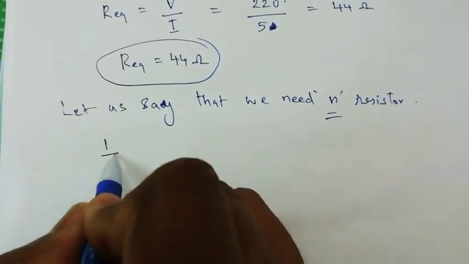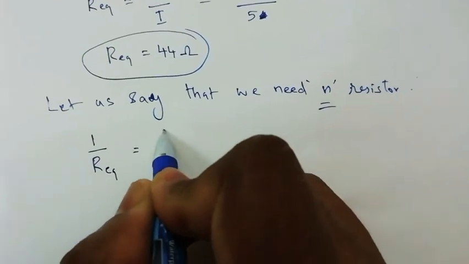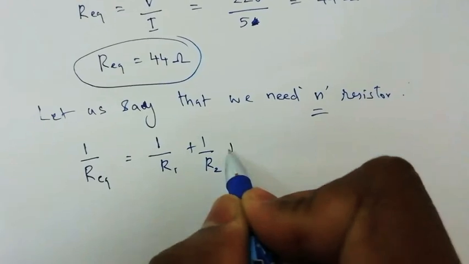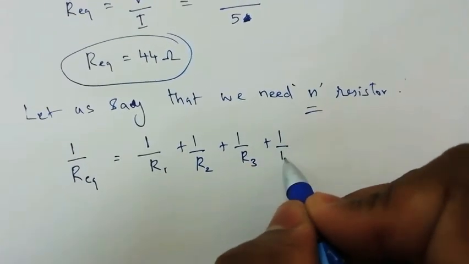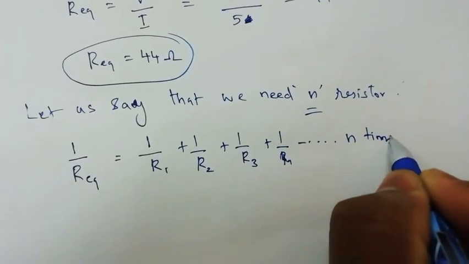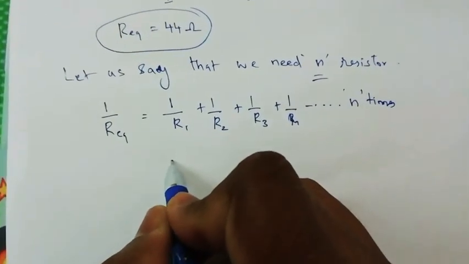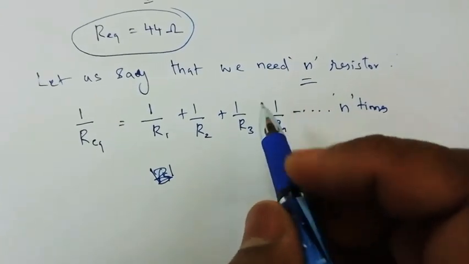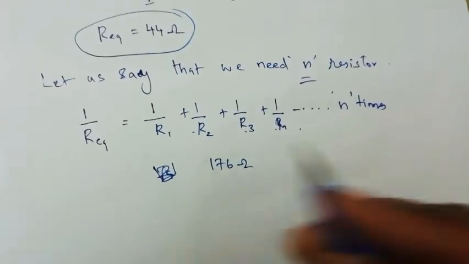So we can use this formula, 1 by R equivalent, because they are all to be connected in parallel. So 1 by R1 plus 1 by R2 plus 1 by R3 plus 1 by R4, n times. How many, we don't know. The value of each resistor is given as 176 ohm.